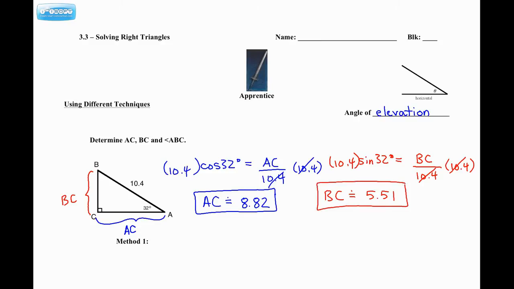All right, so we now know the lengths of all 3 sides. So there's only one more thing we need to figure out, and that is this angle right here, angle ABC. So this unknown angle I'm going to call theta. So let's work that out. That's pretty simple. 180 degrees minus 90 minus 32 will give us this unknown angle here, theta.